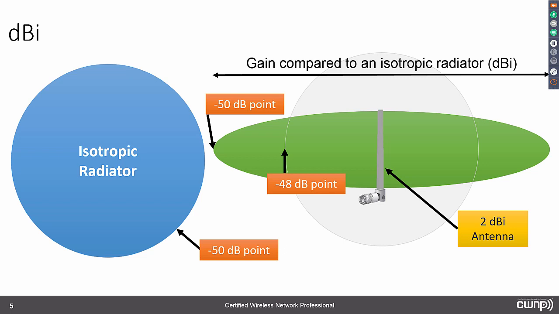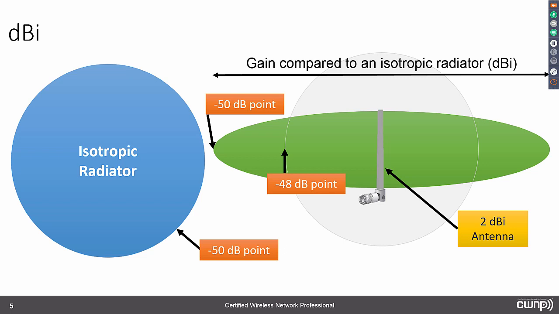Now, this is only for visualization, and you're not necessarily going to see this exact thing in a real-world implementation. The point is just to conceptualize this concept of dBi and help you understand what we're comparing it against. So by superimposing what the isotropic radiator might look like over what the actual antenna looks like, you can begin to get a feeling for what we're actually measuring with dBi.